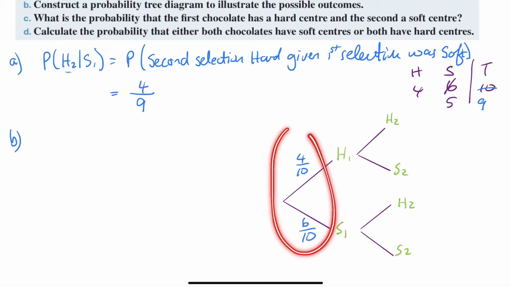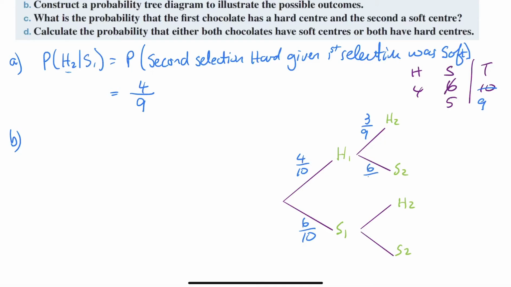Remember that this must add up to 10, so 4 and 6 is 10. On my second choice, if the first was hard, I've taken one of those 4, so there will be a chance of 3, but only 9 left, with still 6 soft ones. If the first draw is soft, there are still 4 hard centers left, so that will be 4 in 9, and then 5 in 9 soft.